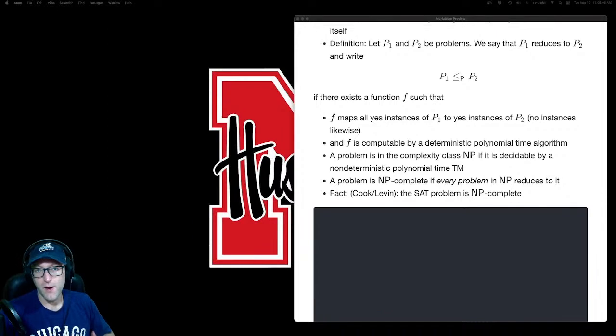Given a machine M and an input X, the language is: M is a non-deterministic Turing machine that accepts X within a polynomial number of steps. By definition, that's going to be a complete language.